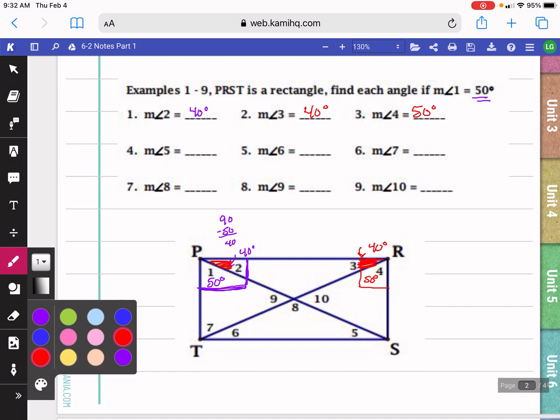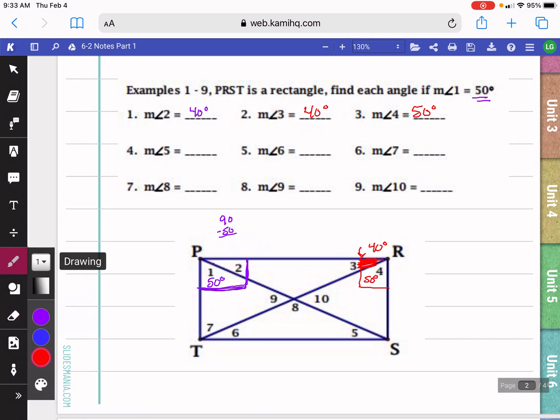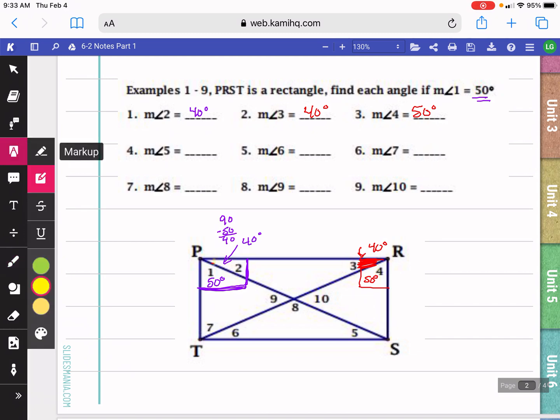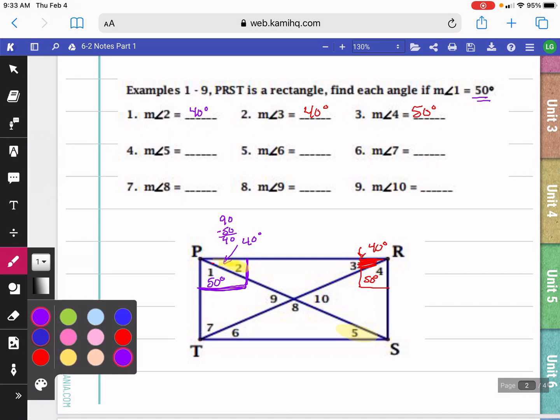For angle 5, if we compare it to angle 2, we'll find its measure. So what I mean by that, let me erase a little bit here. Angle 2 and angle 5 are alternate interior angles, which you learned about in unit 3.